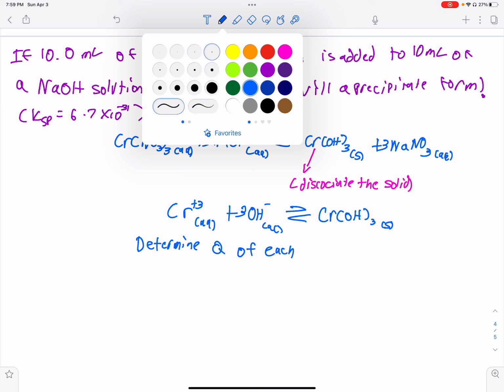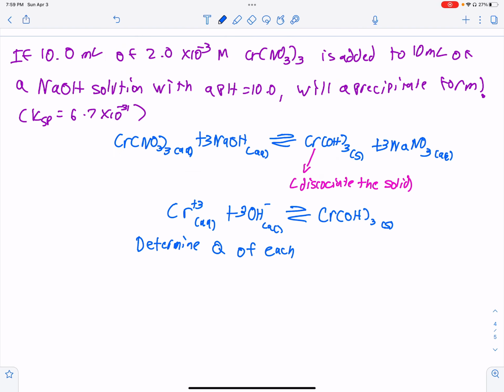Well, remember Q is a measure of products over reactants. However, in this case, we don't need to think of it in that manner. We're just going to do it in the following way. So let's say I'm looking at the Q of the chromium.